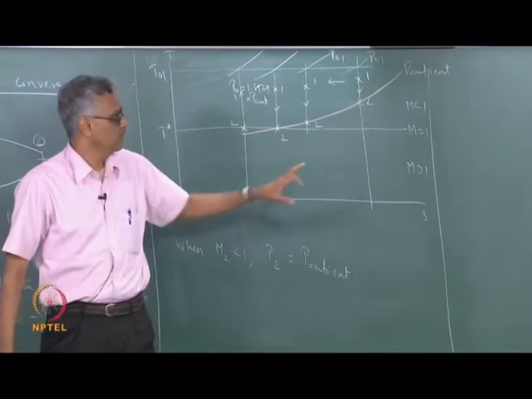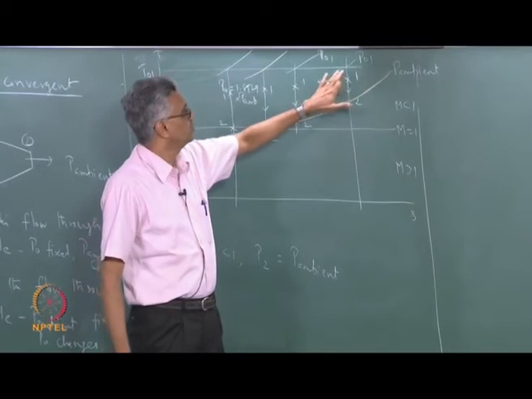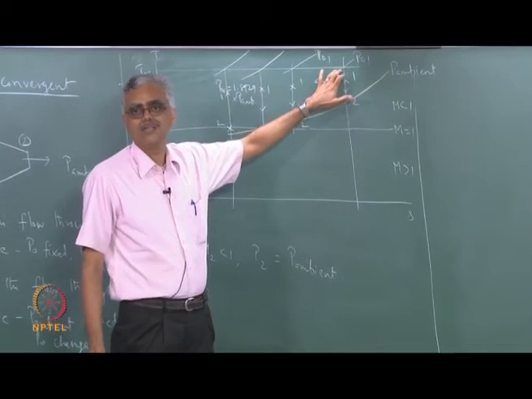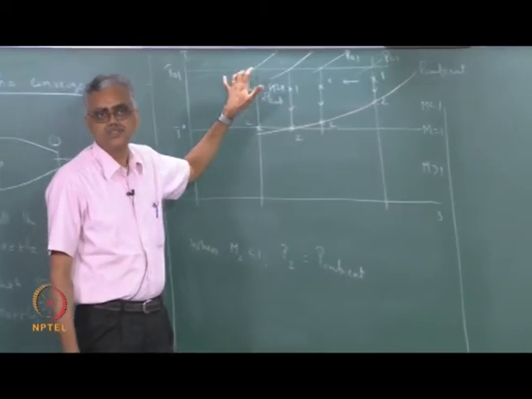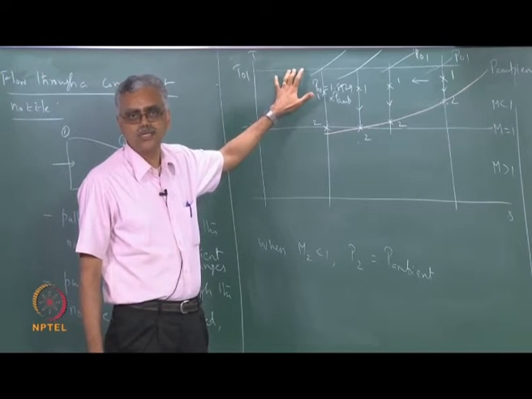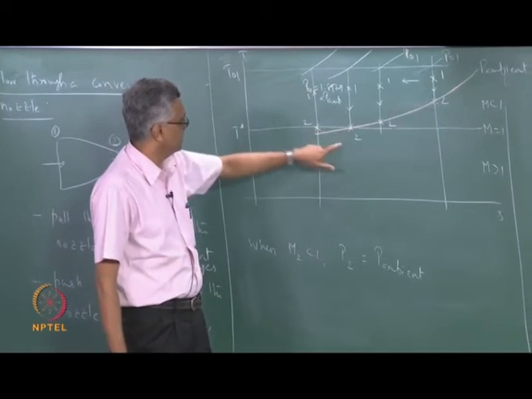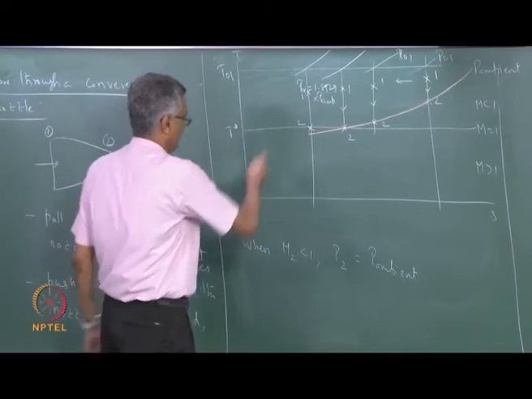For example, if the ambient pressure is equal to let us say 100 kilopascal, this could be something like 110 kilopascal, 120, 189.29, this could be let us say 200 kilopascal. So 200 kilopascal exit pressure will be higher than 100 kilopascal. So the jet in this case will become under expanded.